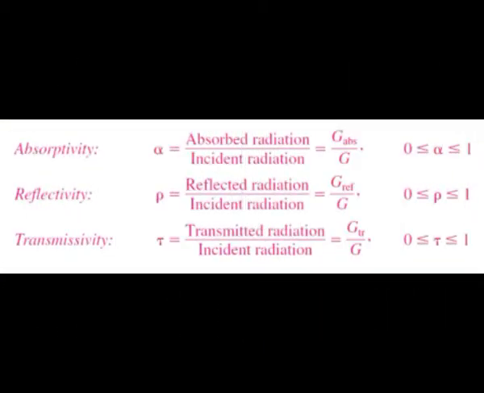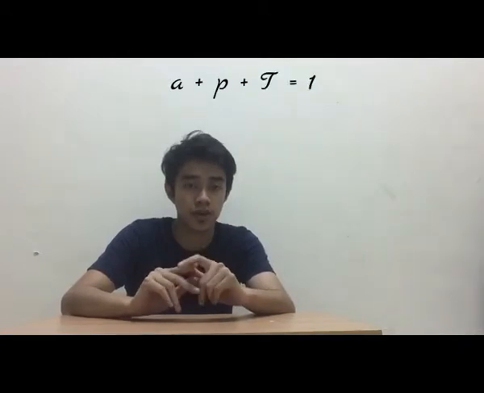To obtain a new relationship, we must divide everything by G incident. So, we gain a new relationship, which is alpha plus rho plus tau, which is equal to 1.